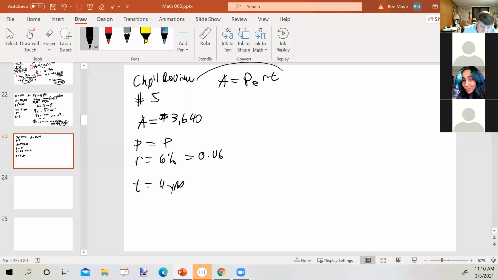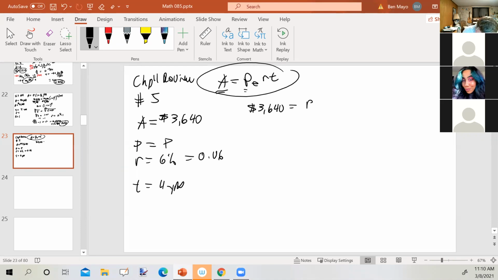So we're going to use this formula because it says it's compounded continuously. We know the ending amount, we need to find the starting amount. So $3,640 equals P e to the 0.06 times 4 power. In this case, I'm going to be dividing both sides by e to some power.